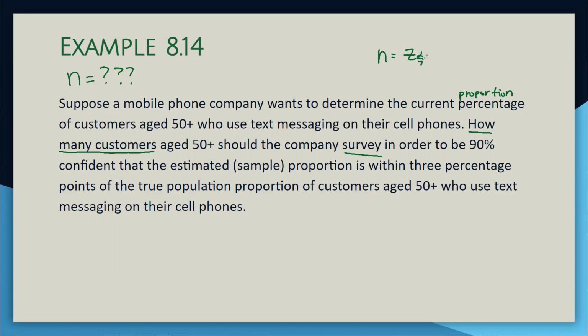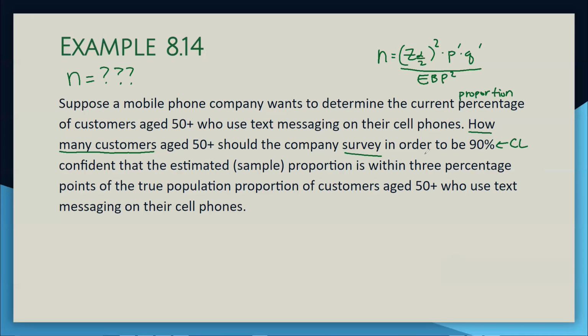Z alpha over 2 squared times p prime times q prime over the error bound squared. I know that I want to be 90% confident, and that's what's going to help me find that z alpha over 2.